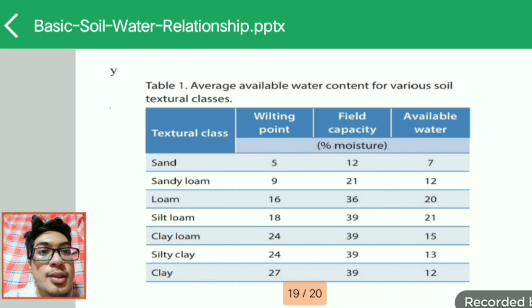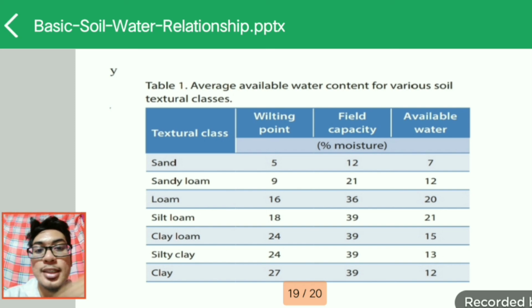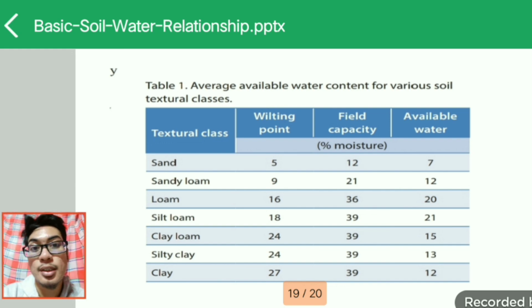And then the wilting point of clay loam is significantly higher if you compare it to sand. Sand got 5 only, and clay loam 24. So this is how soil and water are related to each other and how plants benefit from the ability of soil to hold water, contain water, and drain water.